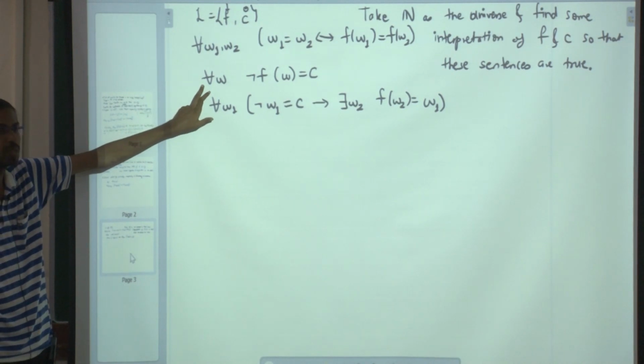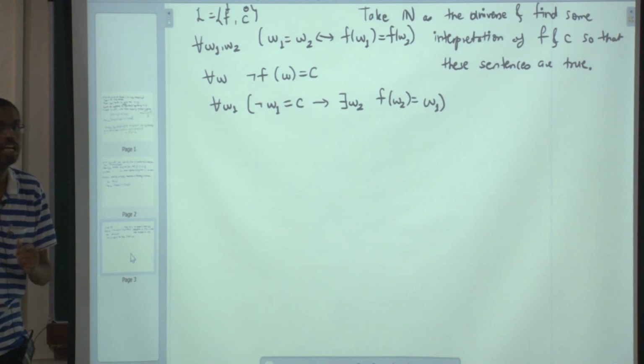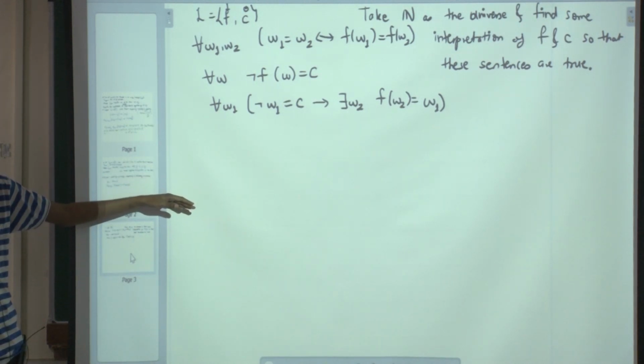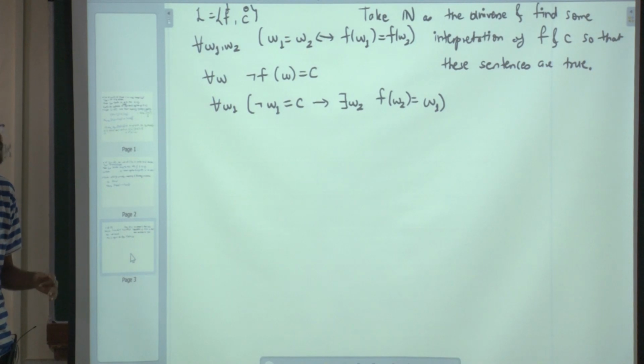What does the second one express? The interpretation of C, that has no pre-image. So the interpretation of C doesn't belong to the image of F. Okay, and what does the last one say? It's not 0.